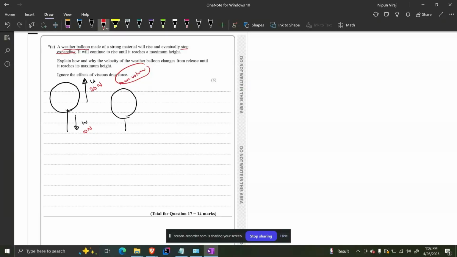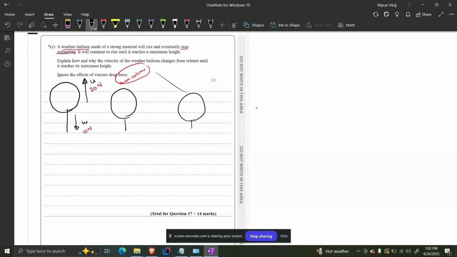Now if it rises further, initially the balloon rises up, there is a certain upthrust which is greater than its weight, and it keeps going up.